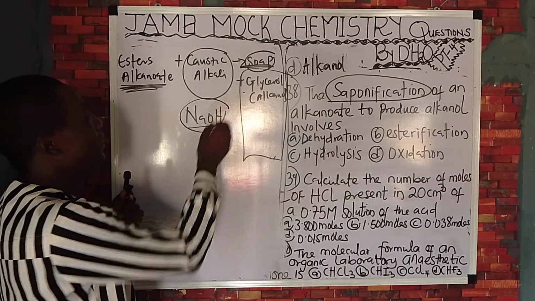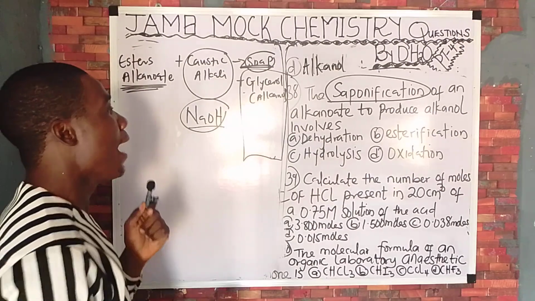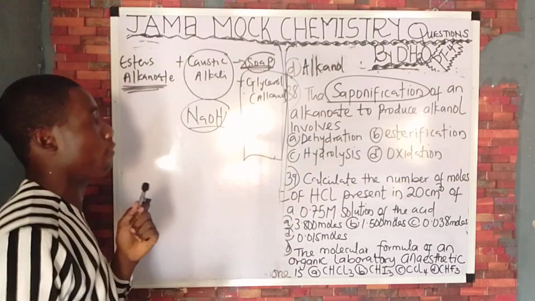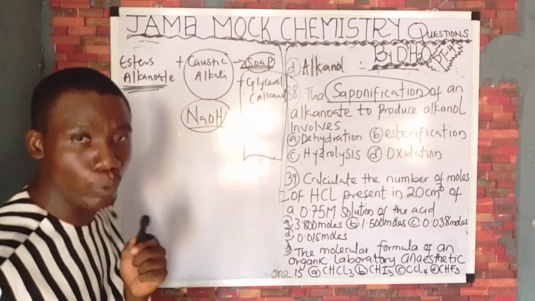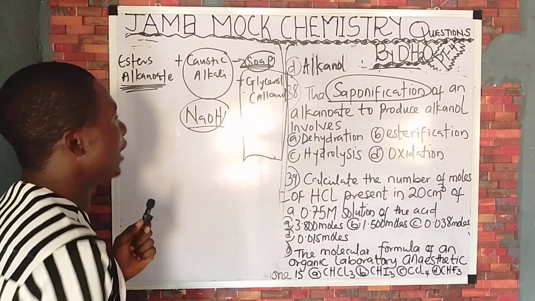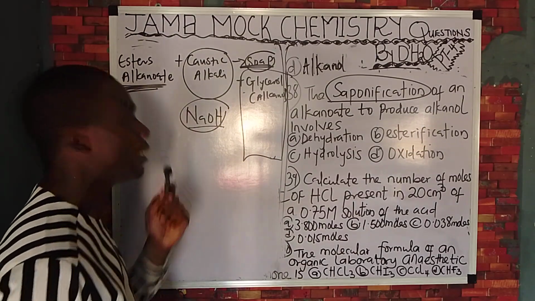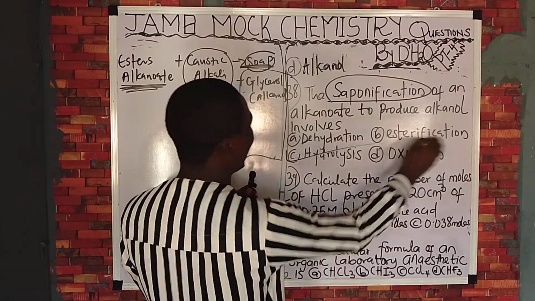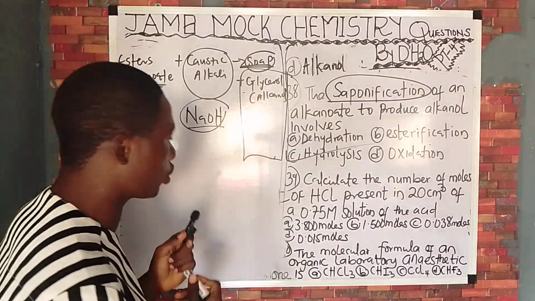But if you have an alkali, it's called an alkaline hydrolysis. And if you have an acid like HCl in the hydrolysis of maltose or sucrose or lactose, it will be called acidic hydrolysis. So as for this one, it's called an alkaline hydrolysis. So take note of that. The other name for saponification is called alkaline hydrolysis.